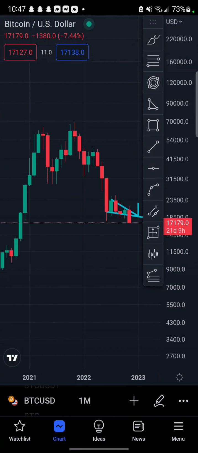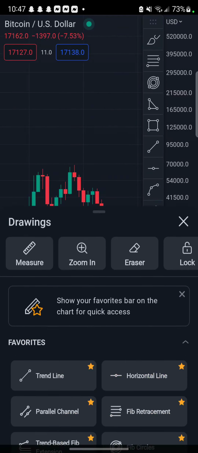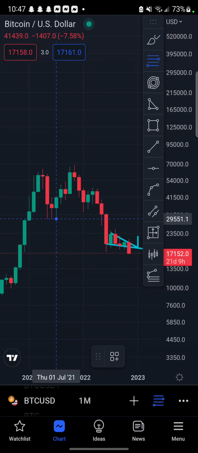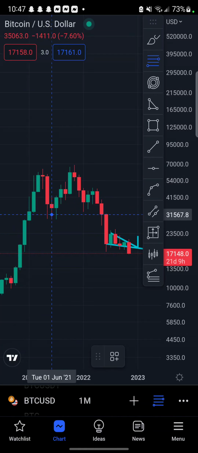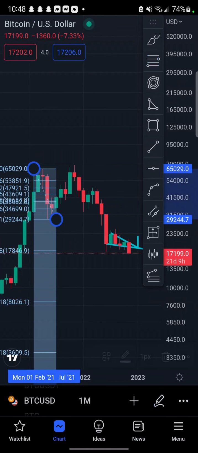Now, let's take a Fibonacci retracement tool from this low. This is the first major drop that we had, that was indicating that a correction in the market was about to come. So let's take a Fibonacci from the lowest low over here and just drag it up to the high.